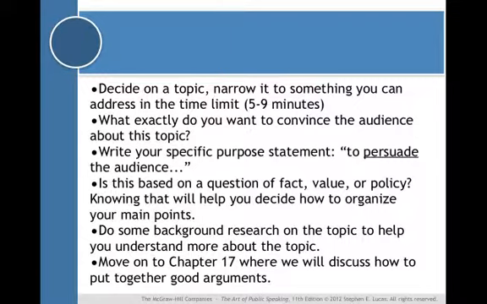Policy speeches are usually organized problem solution, problem cause solution, or comparative advantage. There are other organizational patterns, but for purposes of simplicity, it's best to stick to those ones I just talked about. Then, of course, you're going to need to do some background research on your topic to help you understand more about it. And then once you've done that, move on to Chapter 17, where we are going to discuss how to put together good arguments to persuade your audience.